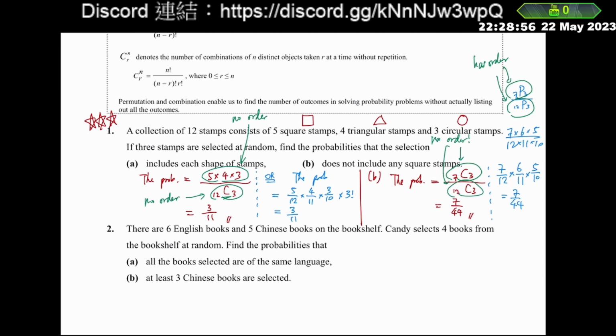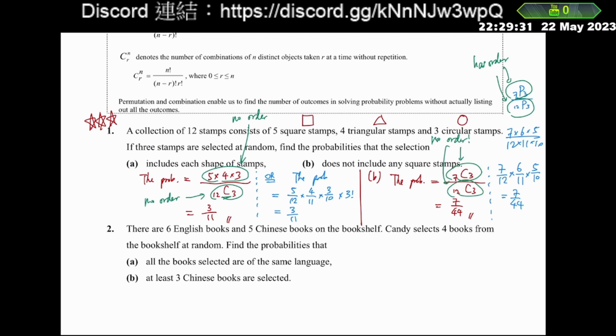So if it is the counting for order, then you can find the probability by one over the other. If both are the same kind of counting with no order, then you take one over the other, and then we can also find the probability. And you will see they are the same result. So the key is they are the same kind of counting. Okay, then this is question 1. So it is especially important because it is a very frequent kind of question we see in DSE.